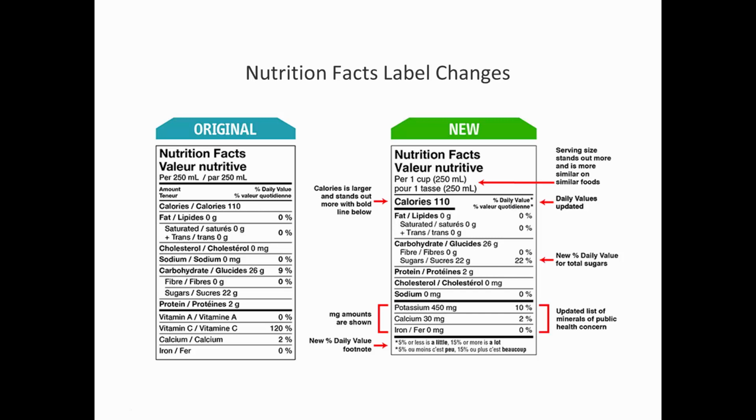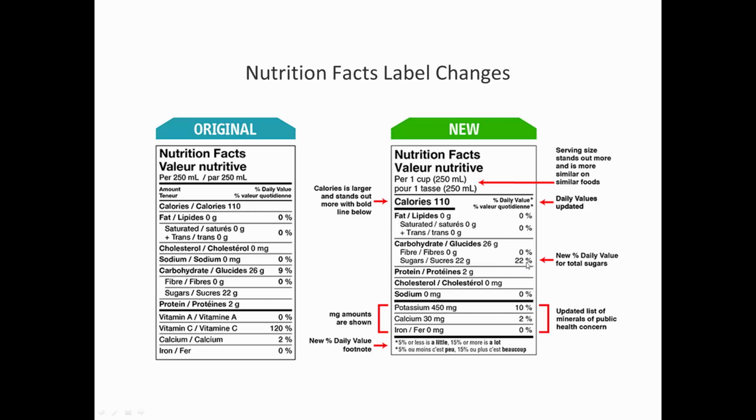So Health Canada recommends that we get a certain amount of a substance per day based on a 2,000 calorie a day diet. And we've had some changes in the science since they originally started food labeling, and so now they've changed some of those amounts. They have now added here, which I think is really good, added sugars, and they have a percent of what you should be taking in your daily added sugars.